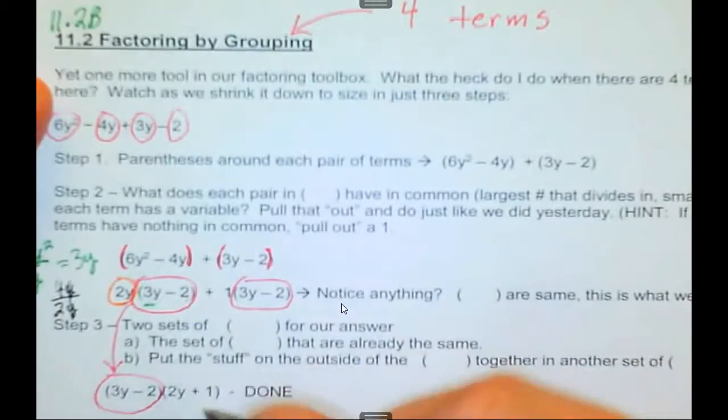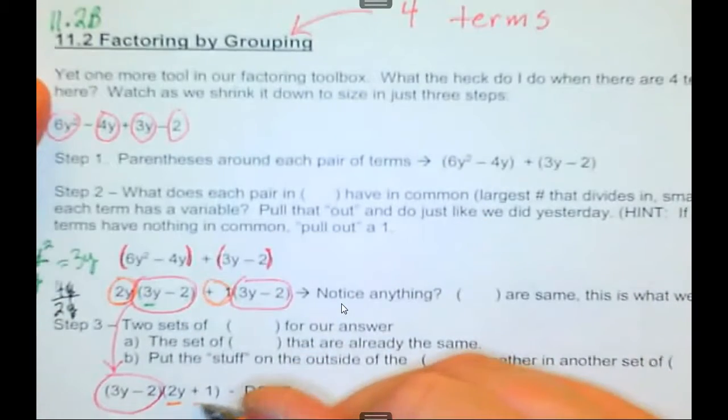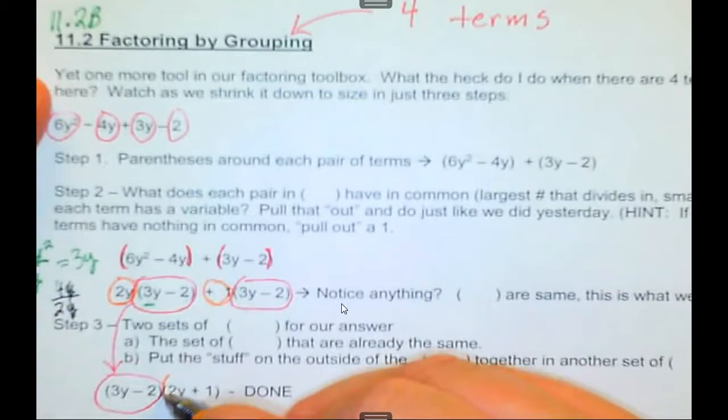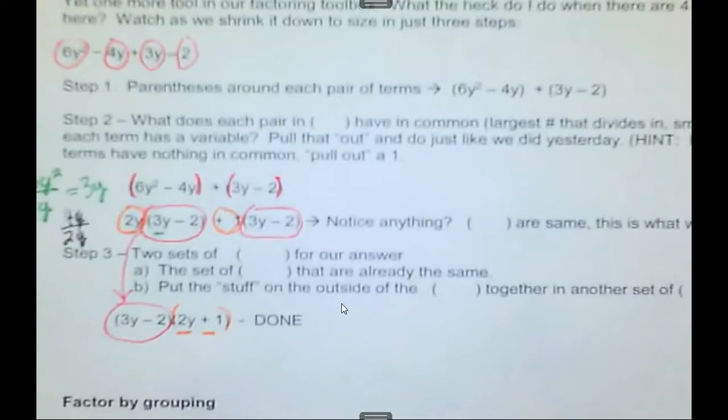So there's my 2y, here's my 2y. Here's my plus 1, here's my plus 1. And I group those for a factor. Okay? So that's kind of the process here.